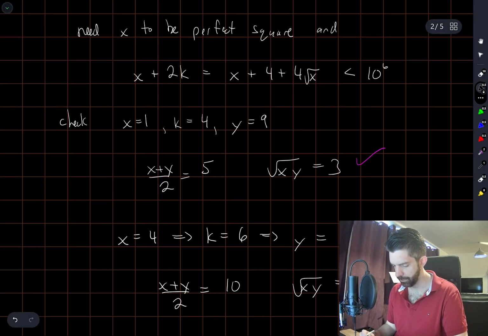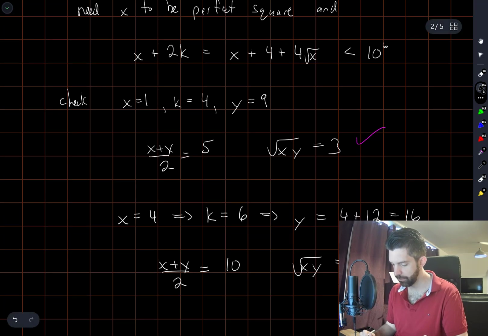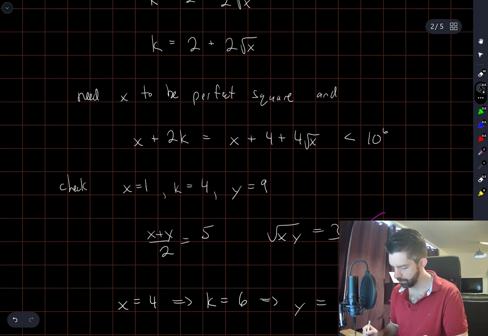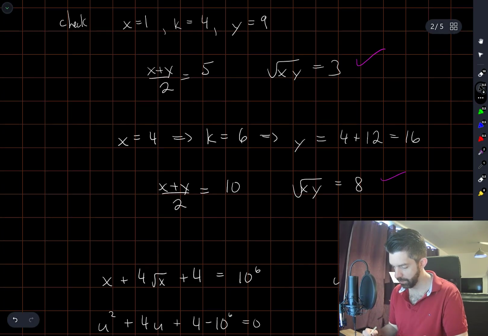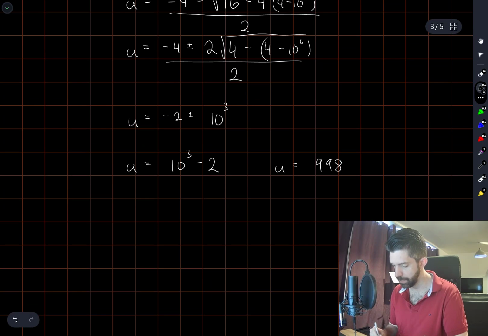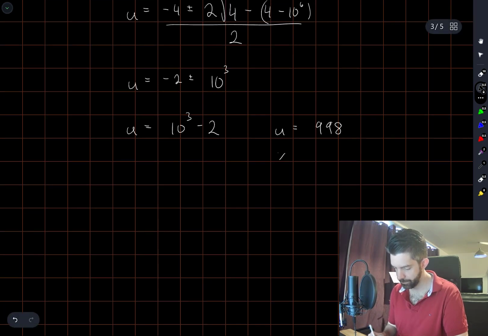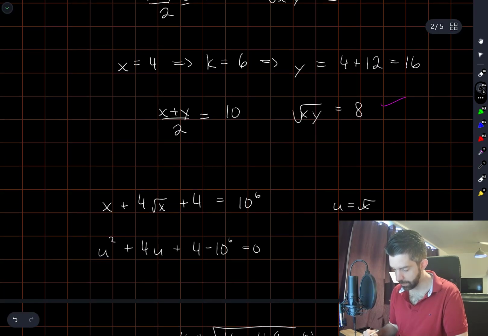Hold on, I'm not sure if this... Right, this is giving us y for any value of x. We need y less than 1,000,000. And this is saying y will be less than 1,000,000 if root x... In fact, we got equality here, right?